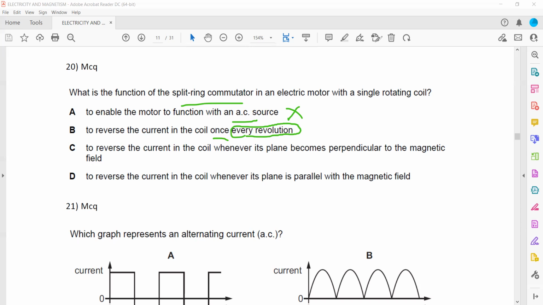What does it mean, every half revolution? Say we have a DC motor, this is a north pole, here is a south pole, and we have a rectangular coil placed.